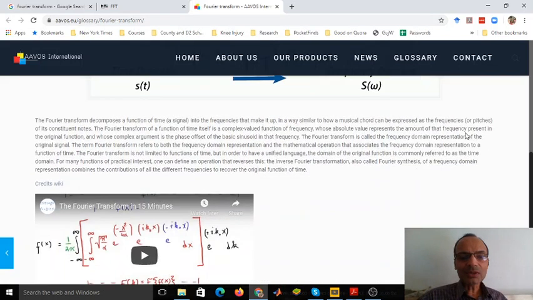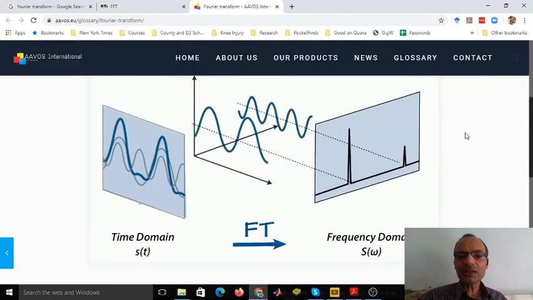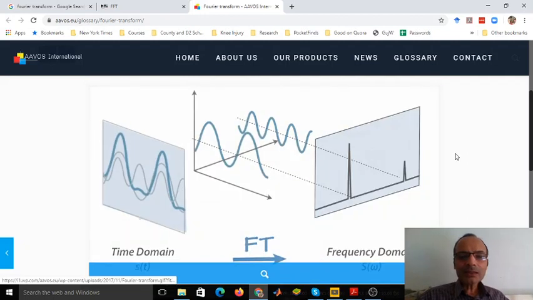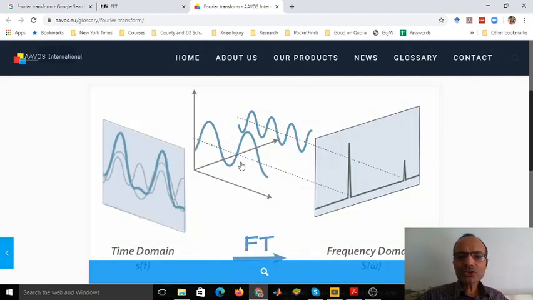There is also a nice video that is embedded here. But what I want to bring your attention to is that there is one signal which, as shown here, is comprised of two sinusoidal signals. One is at a lower frequency, the other is at a higher frequency.